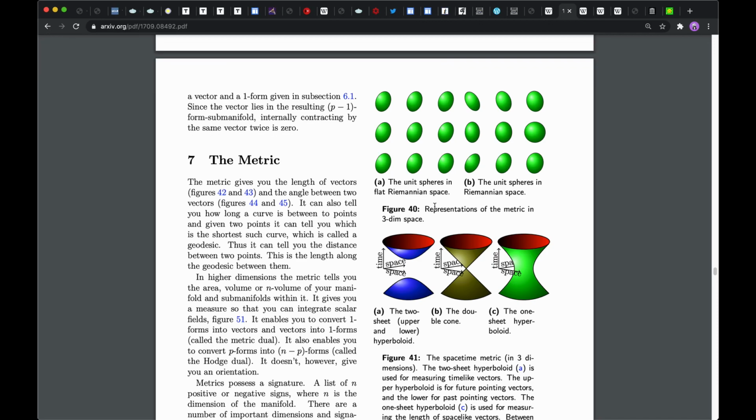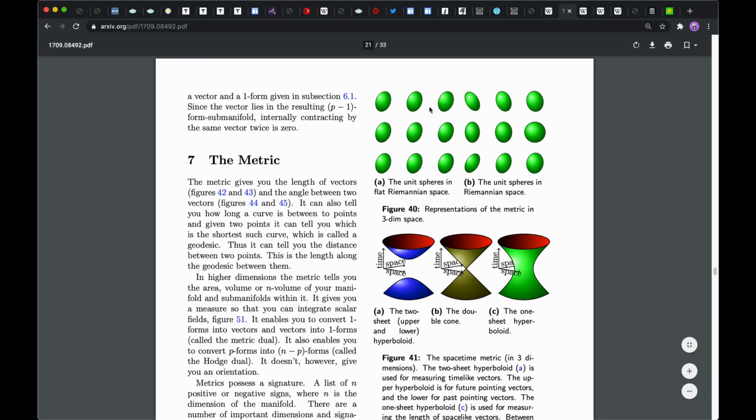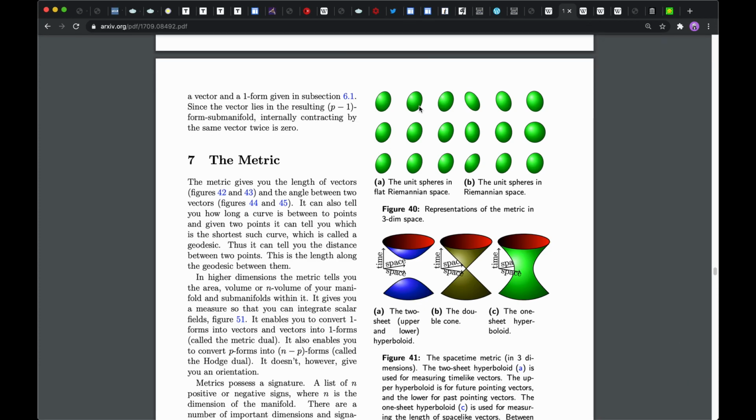Basically we can think about the surfaces of equidistant points from one selected point as spheres or ellipsoids here. Those ellipsoids are exactly the metric form, and by that I mean the standard Pythagorean theorem, like x squared plus y squared equals 1, and we have a circle, right?